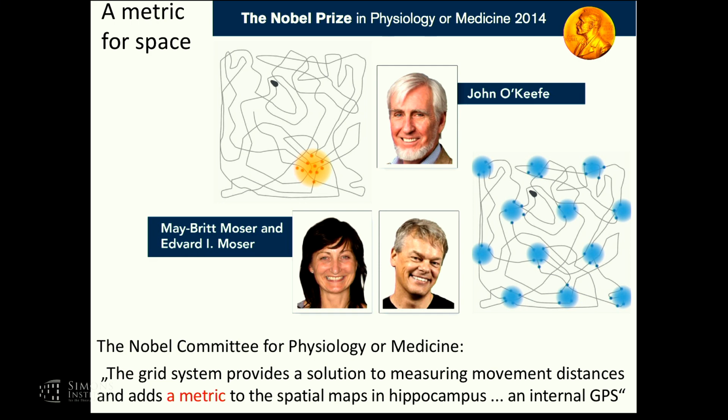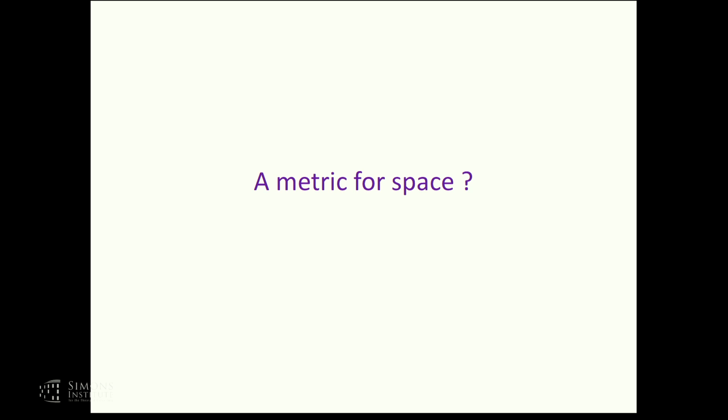The last part is certainly for PR reasons. Nobody believes that there is a GPS in our brain. But there is still this notion, and you could also hear that in some of the talks this morning, that grid cells clearly offer a metric. And I'd like to question that. So is it really a metric for space, and in which sense is it?